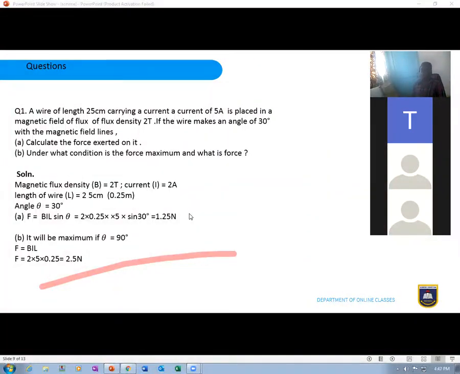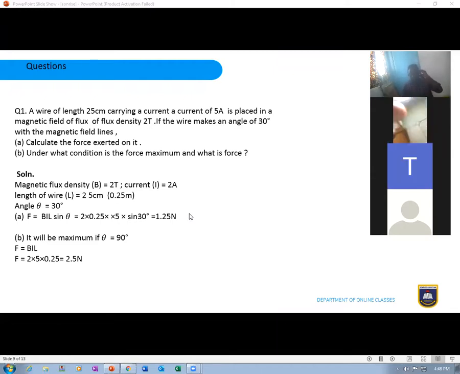So now, what's going to be our force? You just input everything without the sine 90, because sine 90 is already 1. So F equals BIL. So our F is going to be 2 times 5 times 0.25.